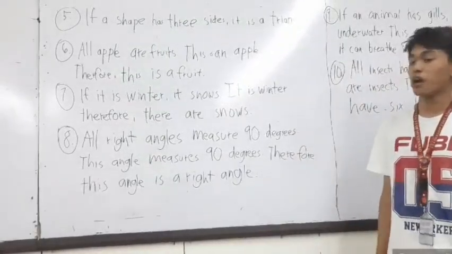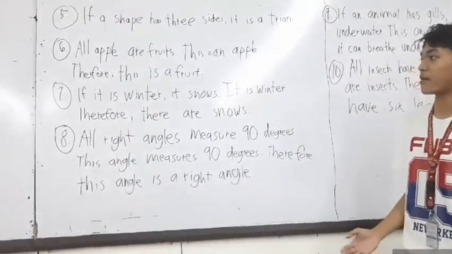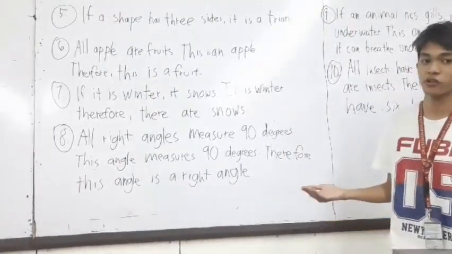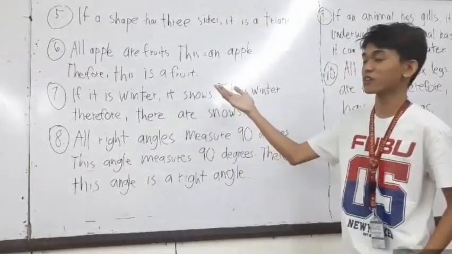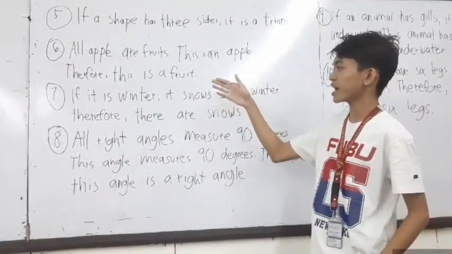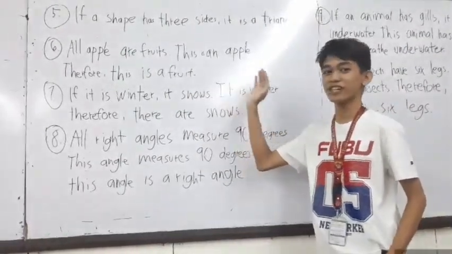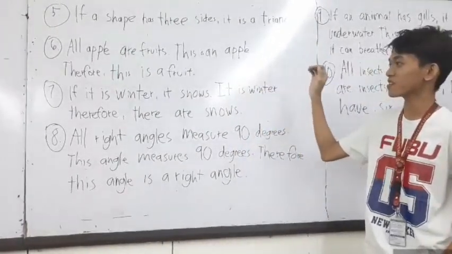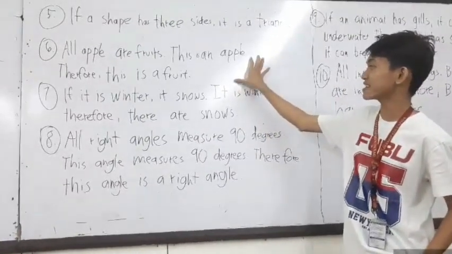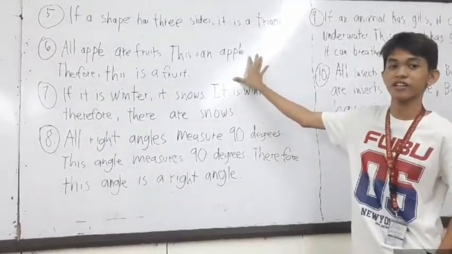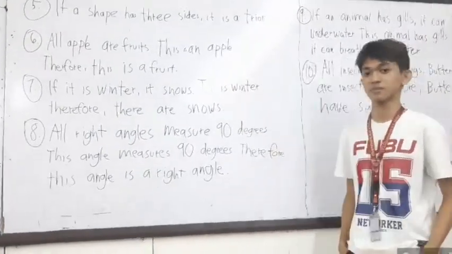All apples are fruits. This is an apple, therefore this is a fruit. This also concludes that an apple is a fruit because we cannot say that apples are vegetables. So this is true and it is a perfect example of deductive reasoning.